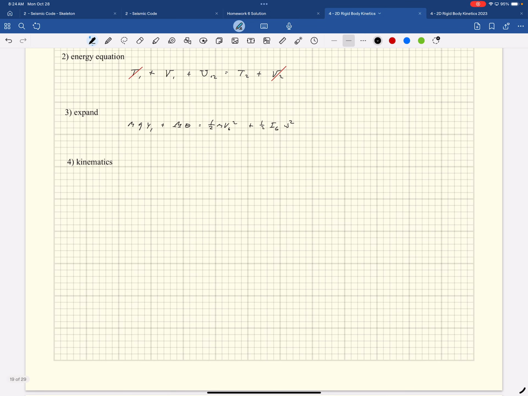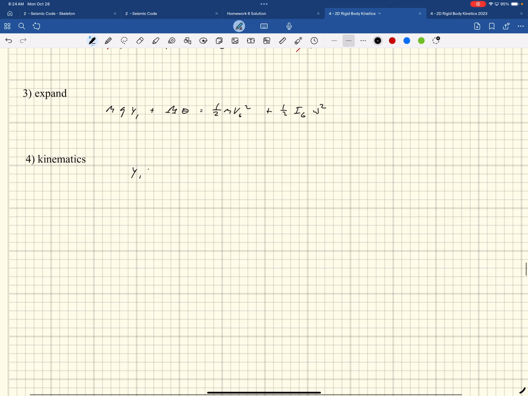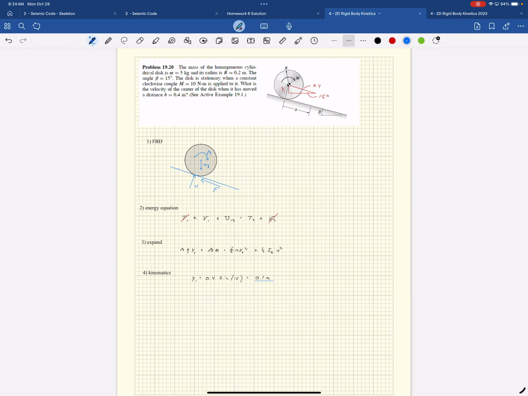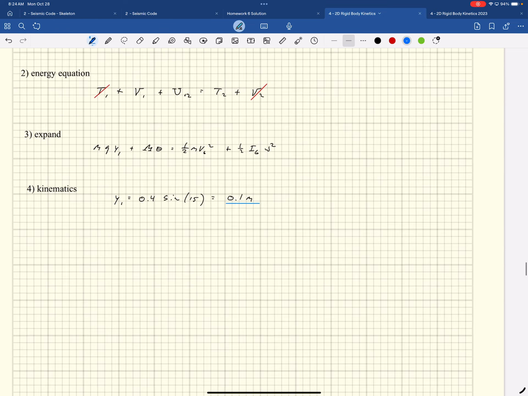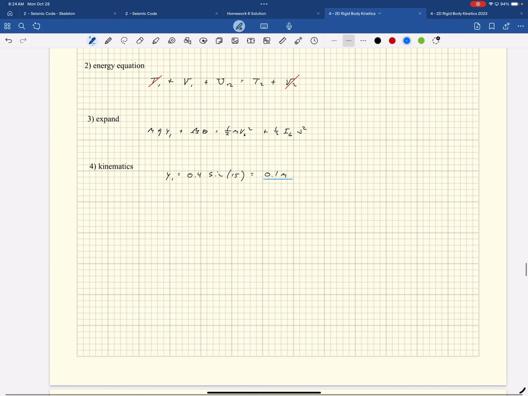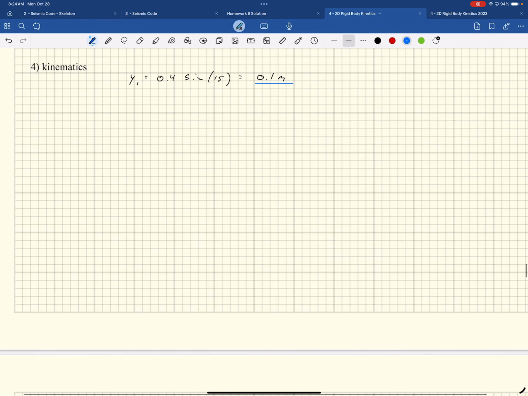Y1 is equal to 0.4 times sine of 15, 0.1 meters. Okay. So I just got that from the geometry up above there. A little bit of geometry, a little trig to figure out what that height is. And then we'll make y2 equal to 0 down at the bottom, as I've said from the beginning. Great, we got y1.